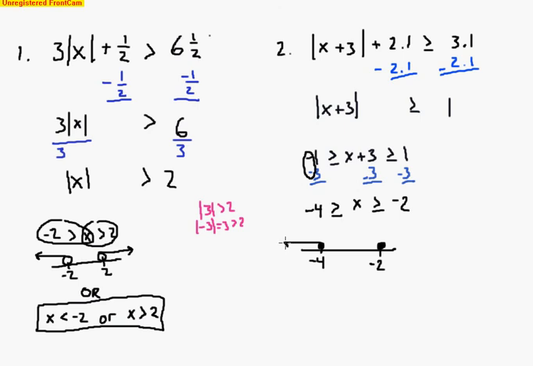Less means left. And then I also have an x is greater than or equal to -2, so I have to go to the right. And then from there I can rewrite my inequality. I've got x is less than or equal to -4, or x is greater than or equal to -2. And that is our solution. So the next type of problem is going to be an AND problem, and we'll see that in part 2.